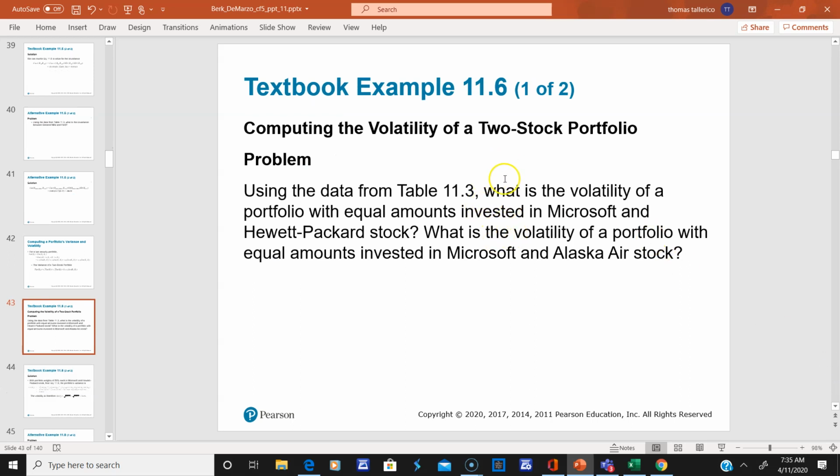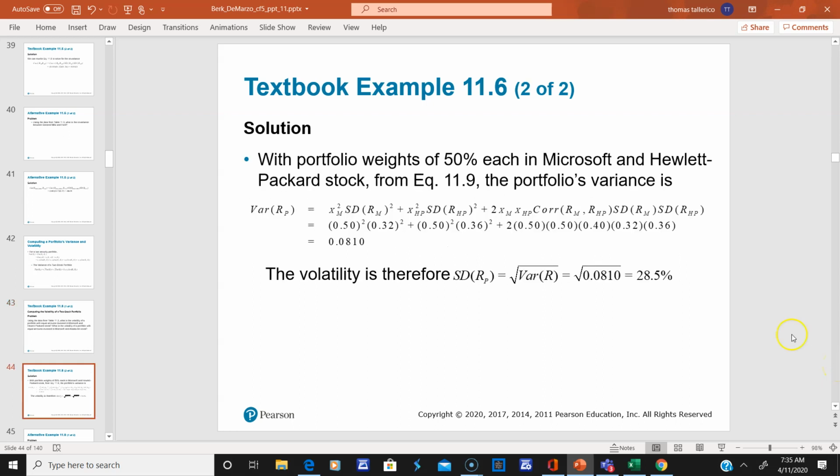All right, so here's a textbook example computing the volatility of a 2-stock portfolio. Again, they go through the math here, and it just gets out of control. So this is from the previous slide, the equation that was up there.